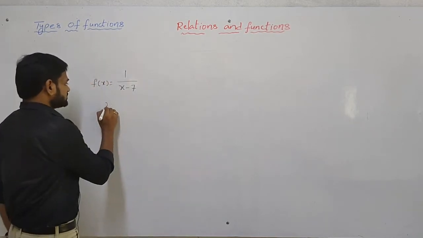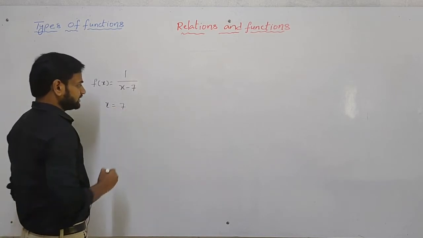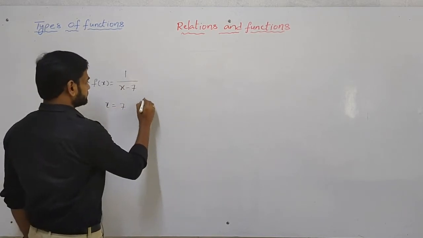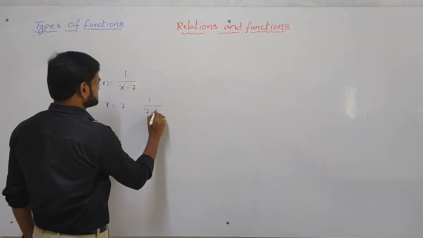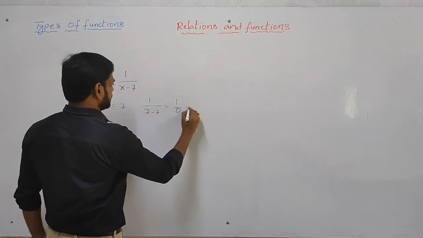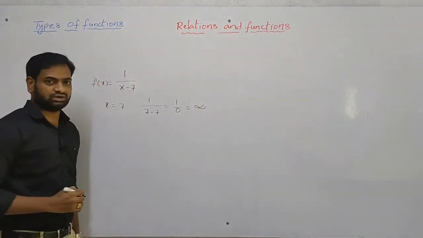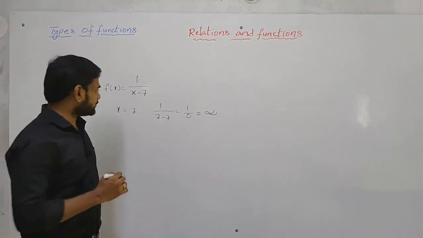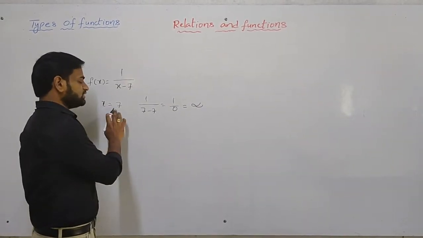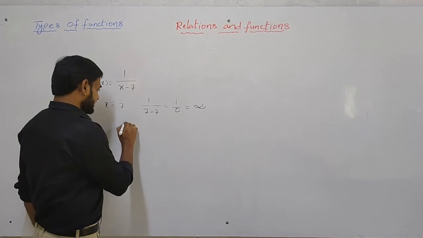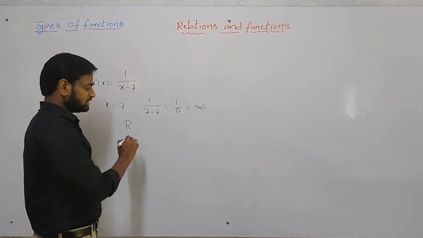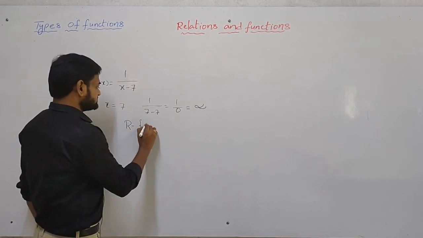See here, if I take x equal to 7 and substitute, 1 by 7 minus 7 is 1 by 0. 1 by 0 means it is not defined. That's why don't take x value as 7. Except 7, all remaining values are definable.